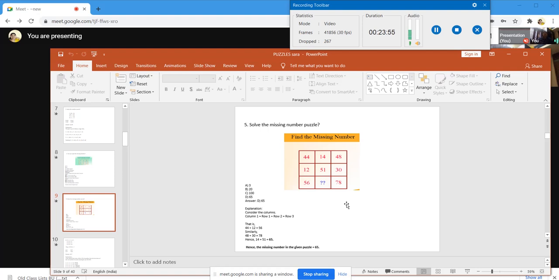Guess the missing number. There is a diagram given: 44, 12, 56, 14, 51, question mark, 48, 30, 78. Immediately we could find out the answer is the addition of the first two columns. Whenever they ask this type of problem, we must think about two things.